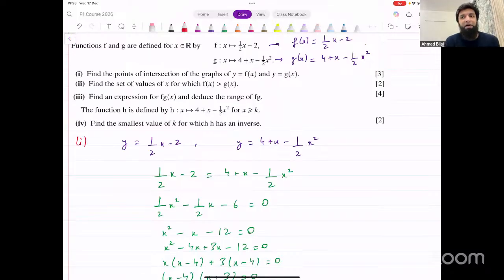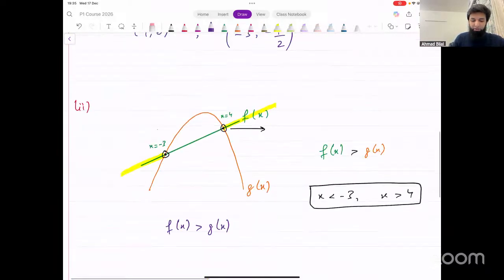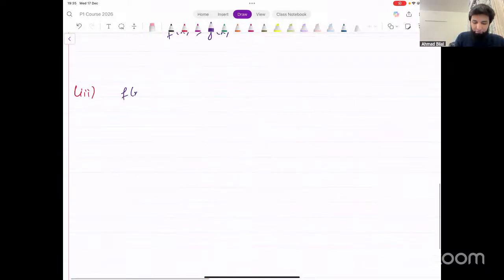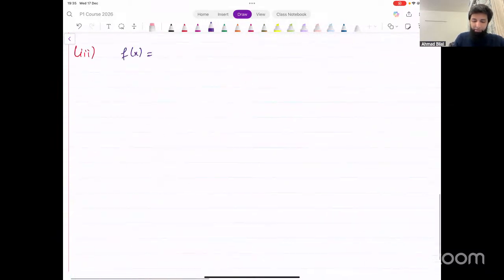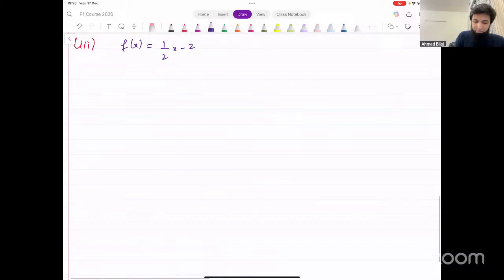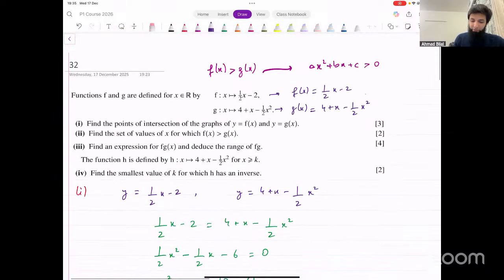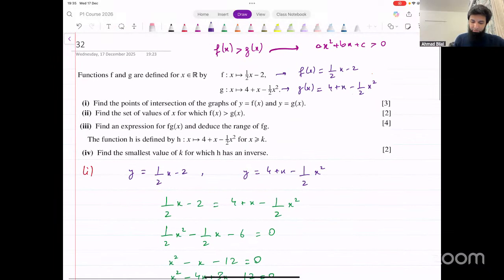Now it says find an expression for fg of x and deduce the range of fg. Okay, let's write that down here. The function f of x, what was that? That was half x minus 2. And the domain of both functions is all real values.